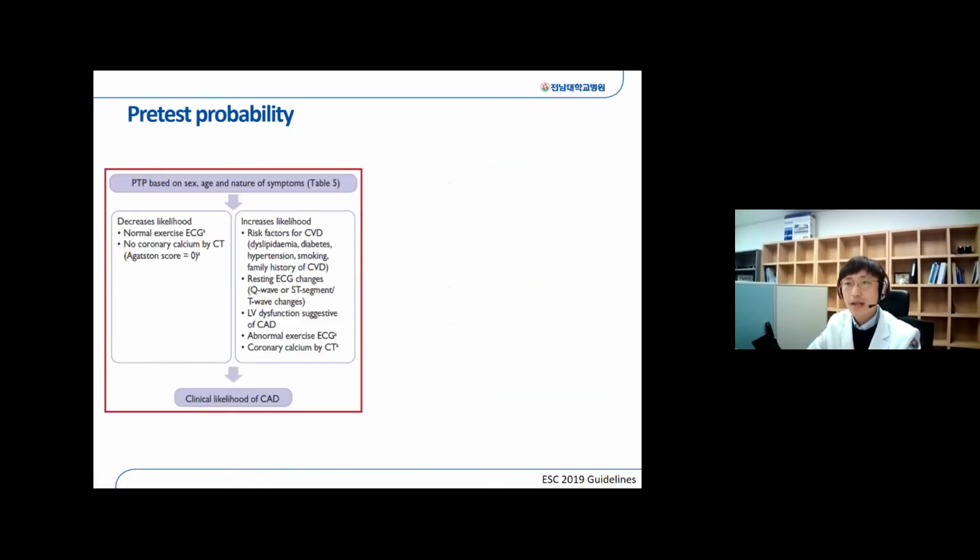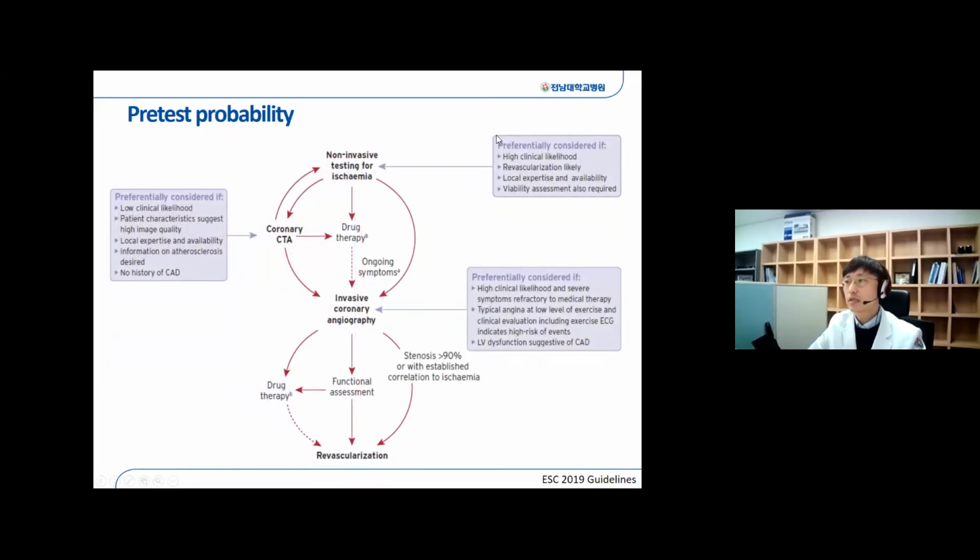So in that guideline, we should consider the pretest probability of specific patients, and if the pretest probability or clinical likelihood of coronary disease is very high, we can consider the use of nuclear imaging. And if viability assessment is required, that also indicates the need for nuclear imaging.